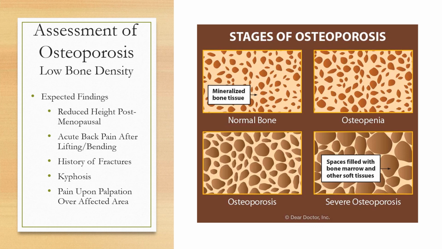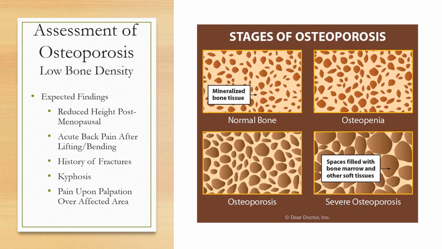Back pain, right? So acute back pain. Some people with severe osteoporosis, just bending over and getting back up can lead to a compression fracture because the bones are so incredibly thin. A history of fractures, in particular compression fractures of the vertebral spine, wrist fractures, hip fractures, those are all indicators that this person might have osteoporosis.